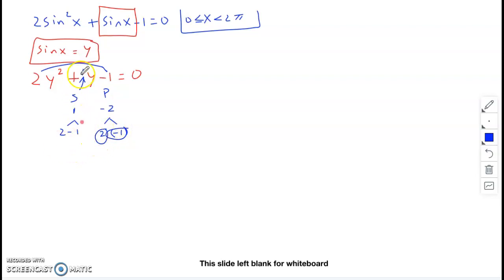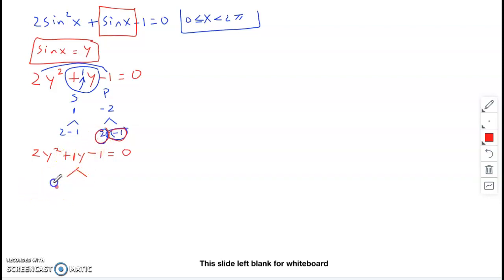What do I use these values for? To break the middle value here. So let me explain. I'll have 2y squared plus y minus 1 equals 0. The values 2 and negative 1, I'm going to use to break the y. Technically, I have 1y.